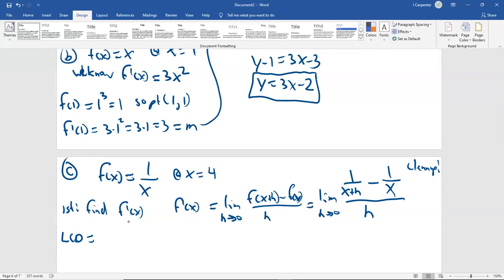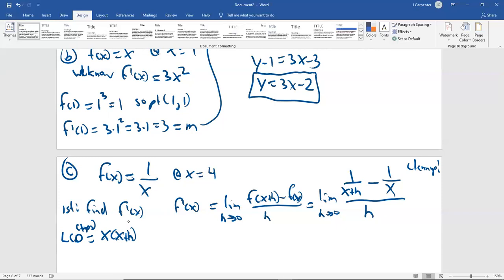You can find the LCD of all the fractions and multiply that out, or you can do it a slightly different way of the top. So I'm only looking at the tops. I'm ignoring this h in the bottom since it's not a fraction. So just the x plus h and the x. Well, that LCD is x times x plus h. They're completely different. So you have to have them as a product.